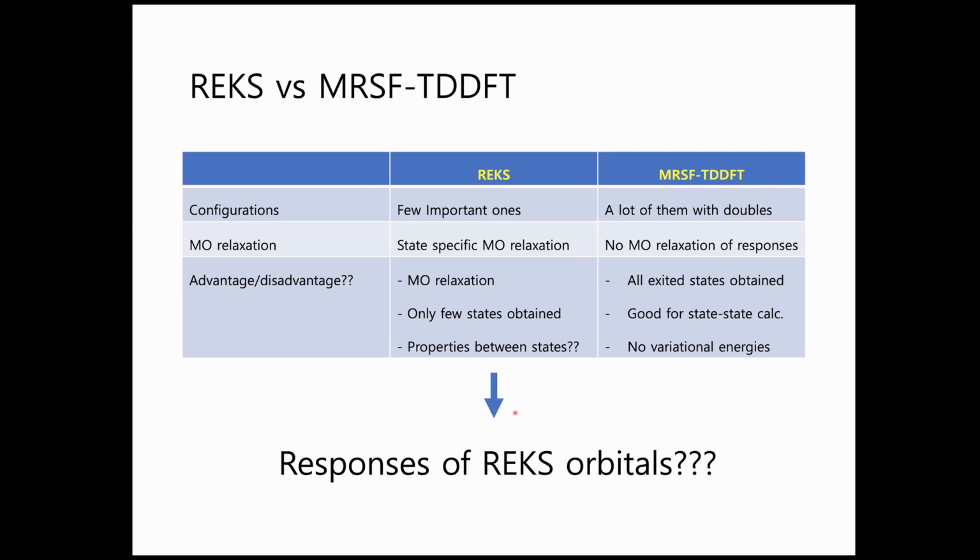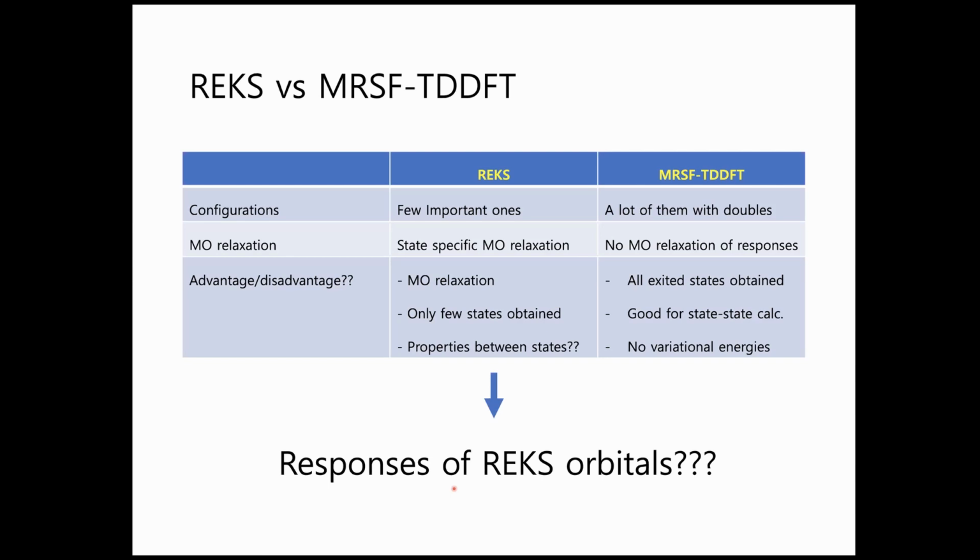This is one of the topics Michael and I have been thinking about, but then someone went to the Americas, so we couldn't pursue it further. But what about combining the two theories? We use the smallest possible set of REX orbitals, and do the response theory on top of it.